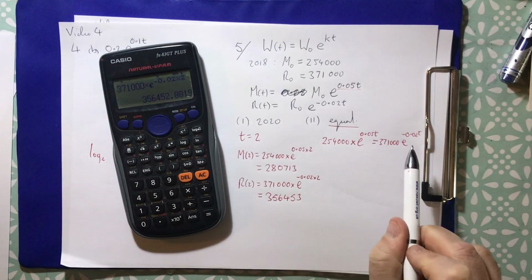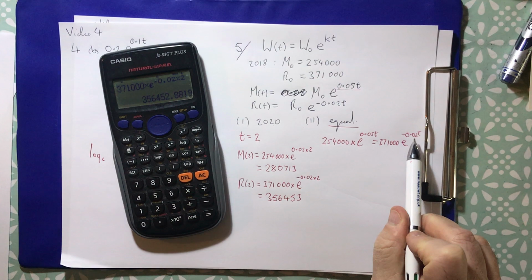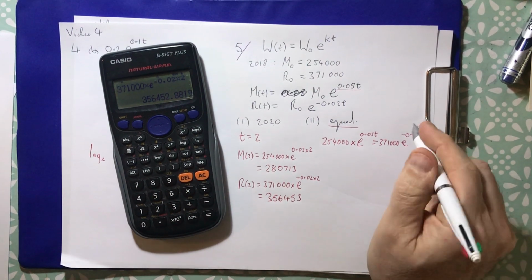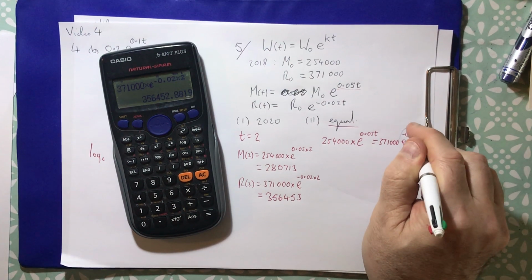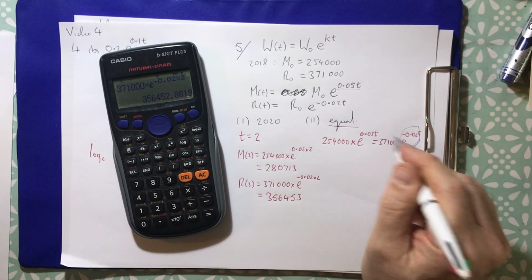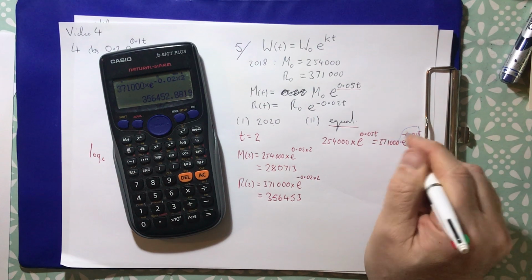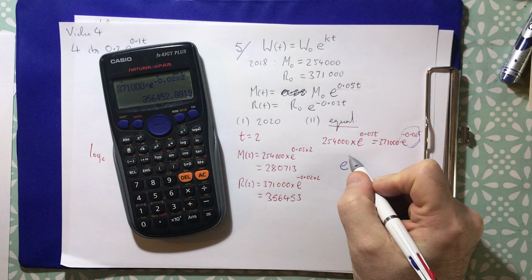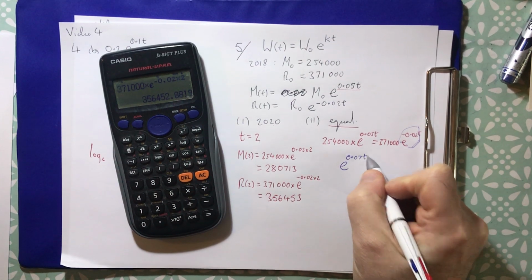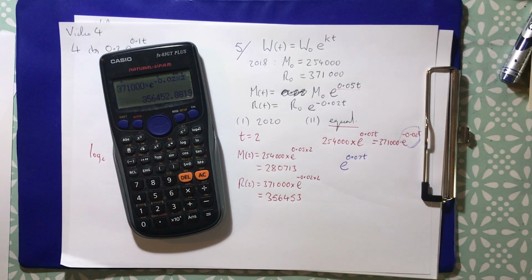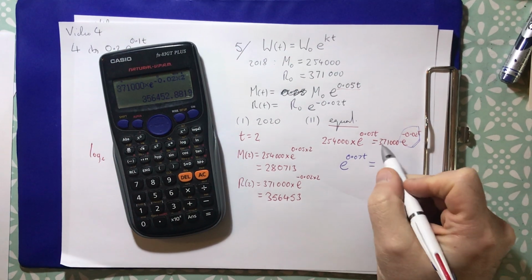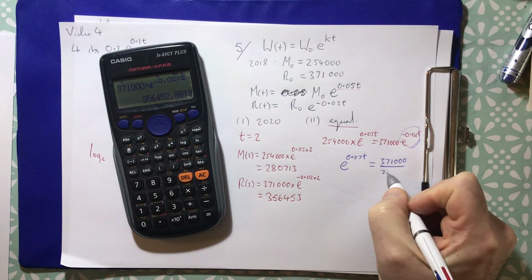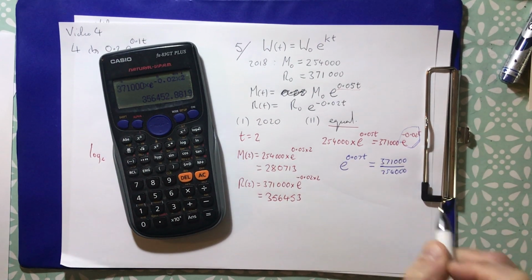Okay? Right, what I'm going to do is divide by this. And remember, if I divide by that, the powers will be the same as adding the two bits together. So if I divide that by that, I'm going to get e to the 0.07t. Okay? And that's going to be equal to 371,000 divided by 254,000. Okay?